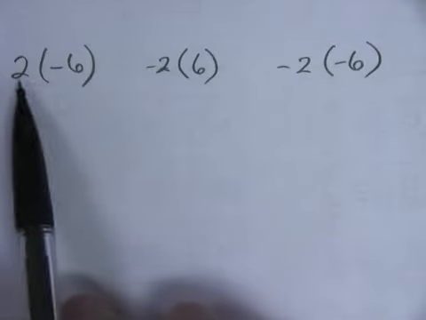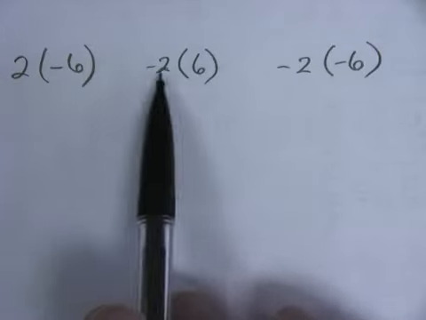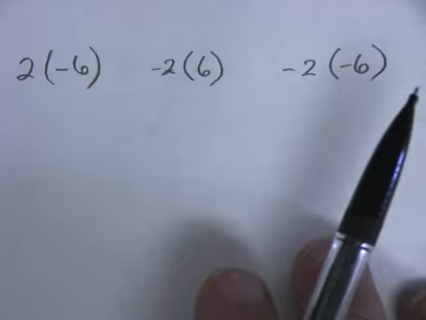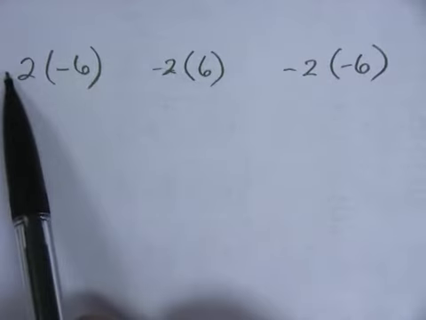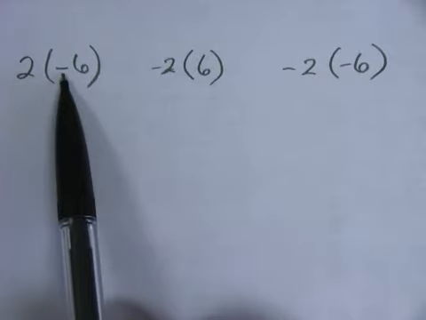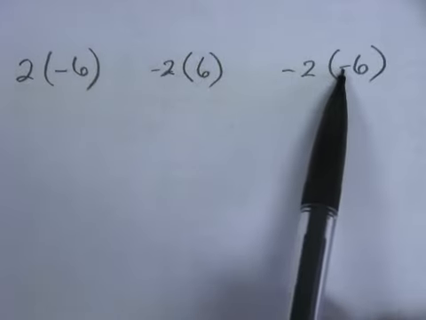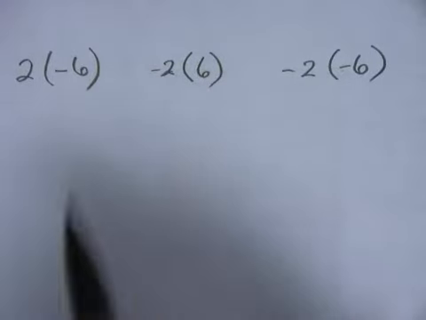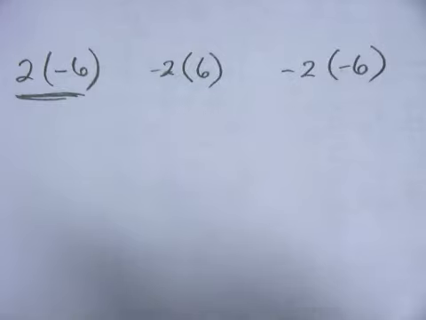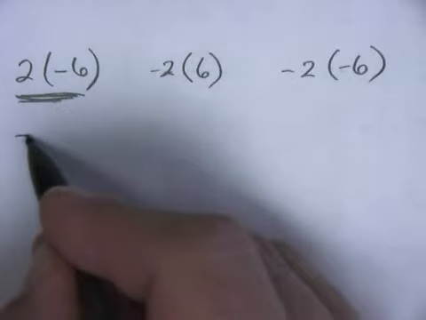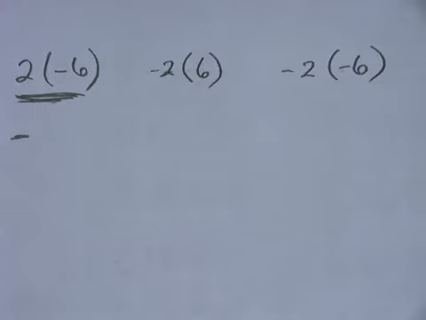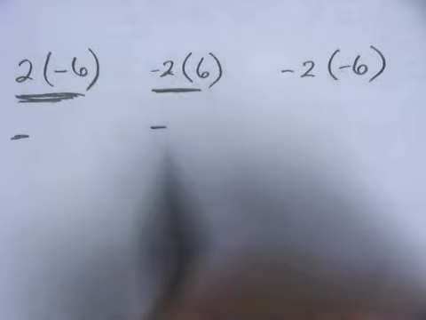Notice that I have 1 negative here, 1 negative here, and 2 negatives here. Another way of thinking about it: this guy's positive and this guy's negative. This guy's negative, this guy's positive. Negative and negative. If the signs are different, your answer will be negative.